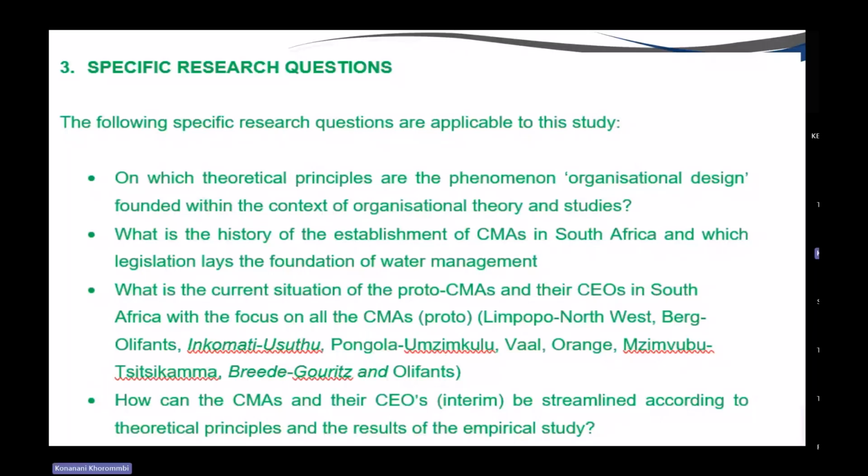And if I had unpacked the theoretical framework in chapter 3 and did not have this, there would have been a disjuncture between the research questions and the literature review. So it is necessary that the questions and all the other components of the research are actually aligned.